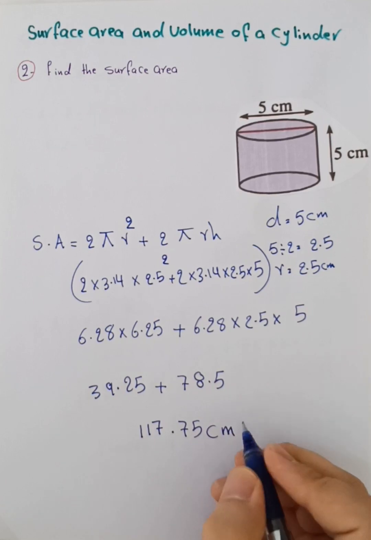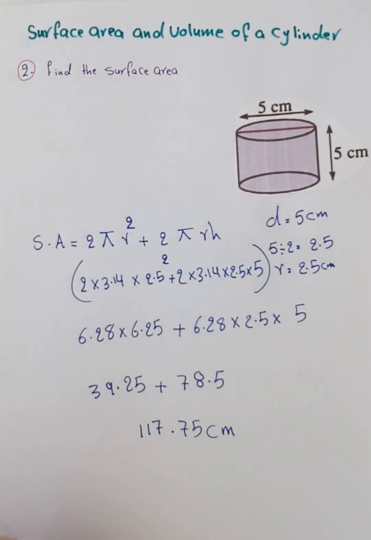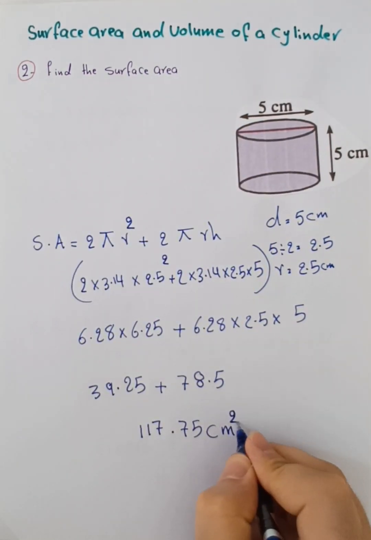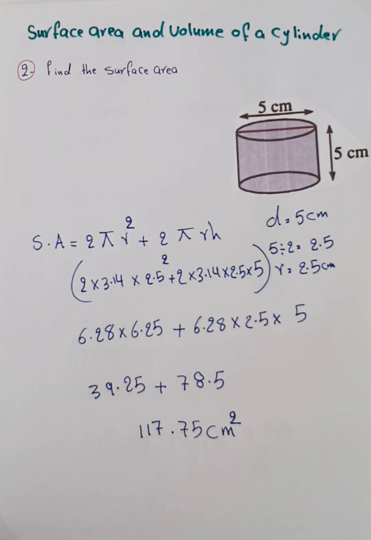Since we have surface area, the unit should be squared. So the surface area for this cylinder is 117.75 centimeters squared.